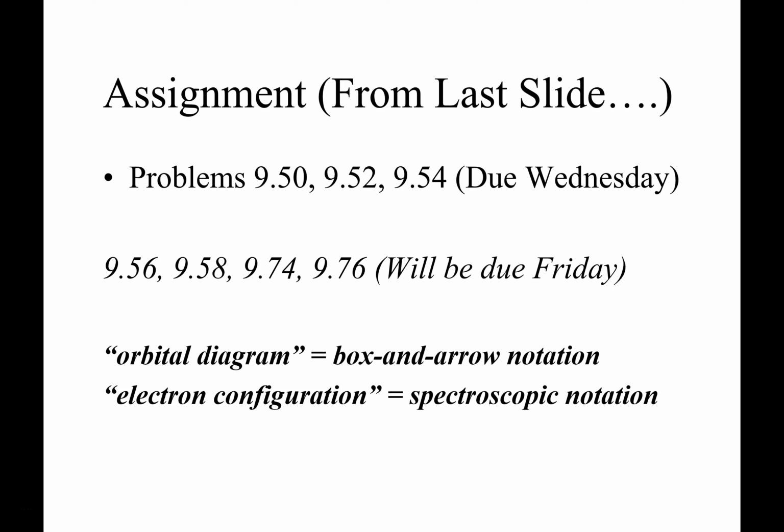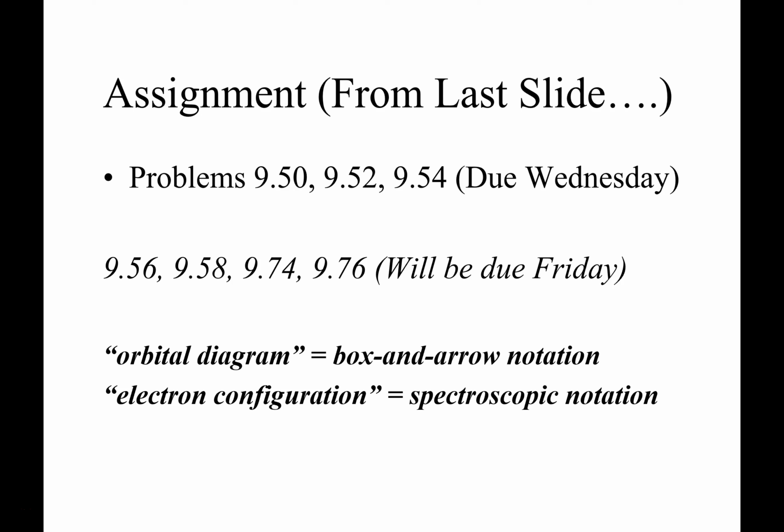Are there any questions about those questions? So I'll be looking for 50, 52, and 54, and I'll have to decide if I break it up and give you points for this one or that one, or just points for completion. I haven't decided yet. Haven't gotten that far.